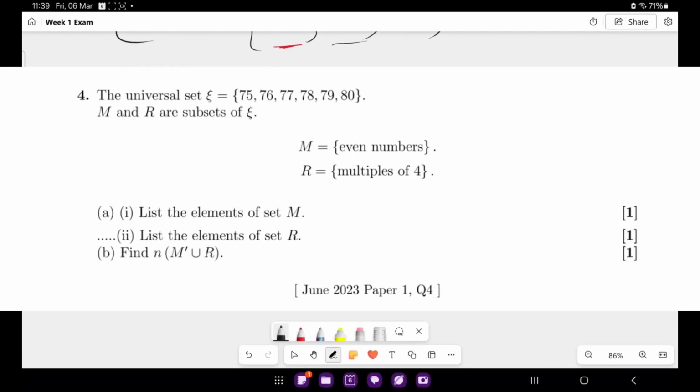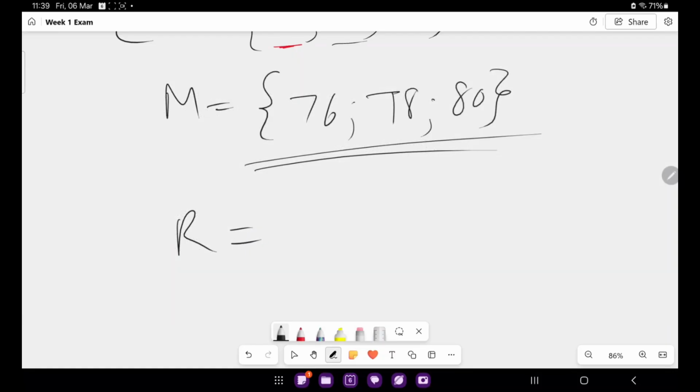Item 2 says list the elements of set R. So set R, they told us that set R is multiples of 4. Luckily, multiples of 4 are also even numbers.